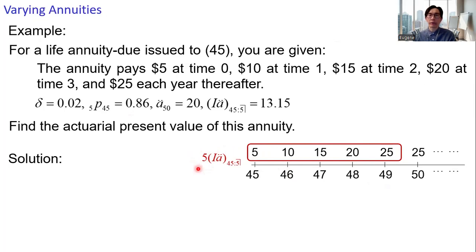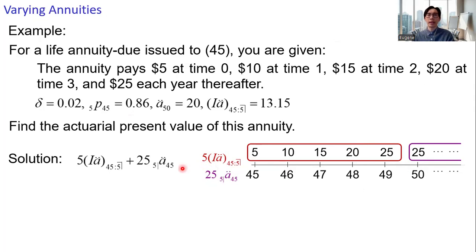So we have this actuarial present value, 5 times (IA) 45 colon angle 5. And then starting at age 50, the payment is constant, $25 per year. Discounted back to age 45, this corresponds to a 5-year deferred annuity due at age 45, and the payment amount is 25. Sum these 2 terms, and then we get the actuarial present value for this annuity.